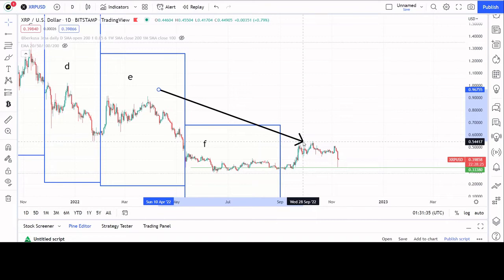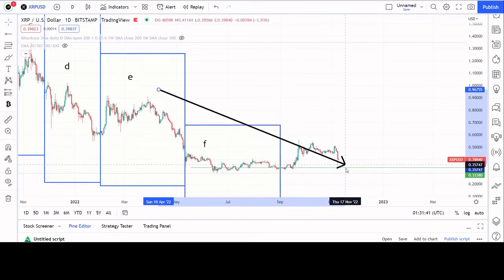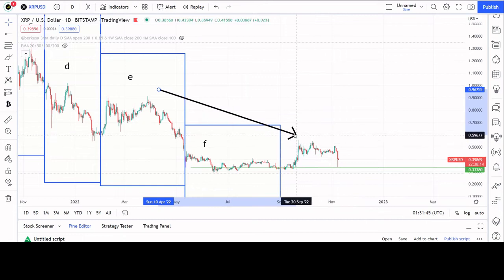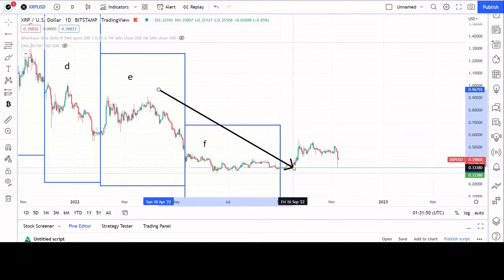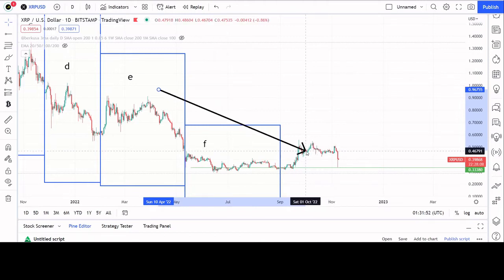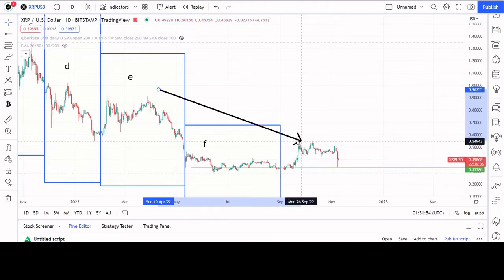Now, let me show you something that I think is, believe it or not, kind of interesting or cool in what is taking place here. So assuming that this is where it bottoms out, and if we go back to the previous fractal, in fact, instead of going back there, I'll just copy and paste it onto here.